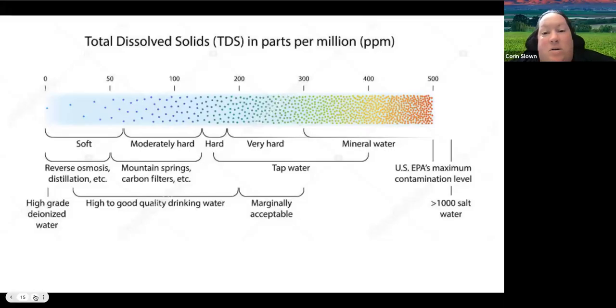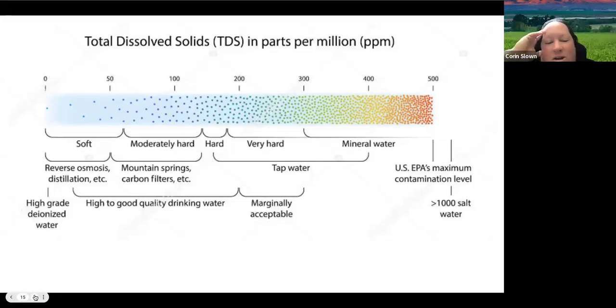Sometimes you can also do that in combination with distillation, where your pot keeps all of the ions, and essentially what comes over as the distillate is just the water. So there are several different ways that you can purify water in order to change the amount of ions, and specifically total dissolved solids, that are present in parts per million.